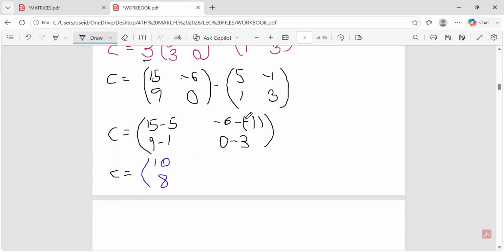Then negative will give us positive, so -6 plus 1 will give us 5. Then 0 minus 3 will give us -3. So therefore C equals 10, 5, 8, -3.